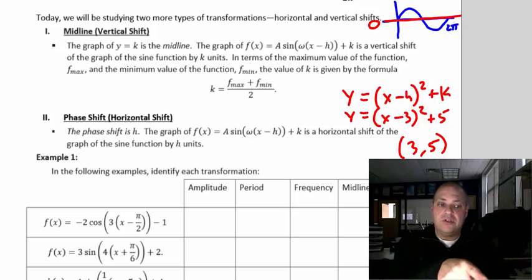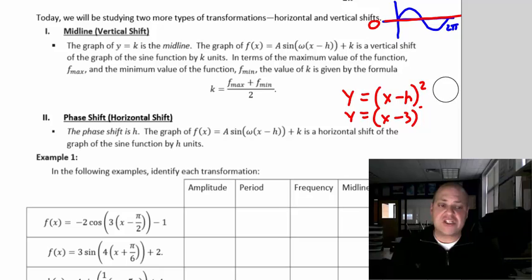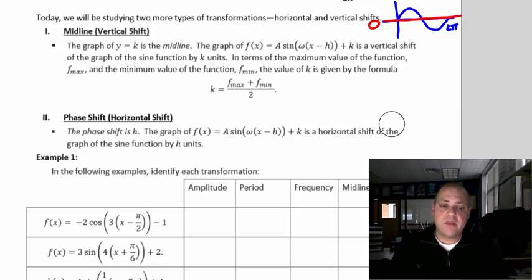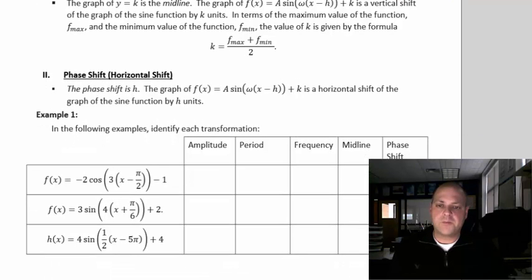You're just taking the h value, which is the opposite of what you see here, because it's minus h. So the h value is 3, the k is just 5. So you have to make sure when you're doing h, because the standard form is x minus h, you change the sign of whatever you see. So for our phase shifts, it's going to be the opposite of what you see. I don't want to confuse you with that, but it's a similar thing.